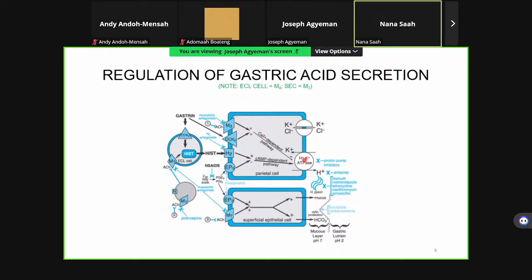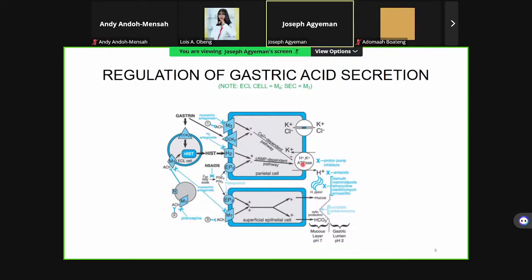One key thing that we shouldn't forget is that this proton pump is an energy dependent pump. So yes, this is a calcium dependent pathway, this is a cyclic AMP dependent pathway, but the final activation is ATP being available to stimulate the pump. So we should take that too.